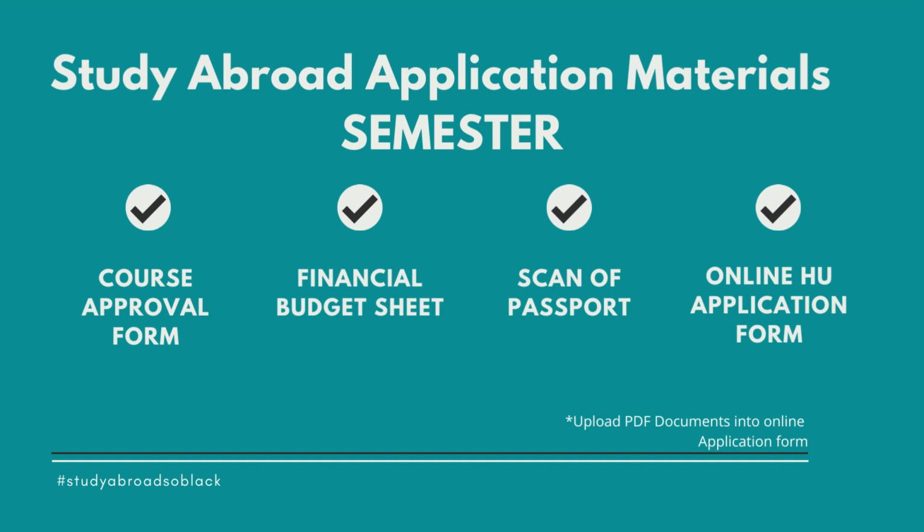Now, if you have your passport out for renewal or application, you can always email that over once you get it in. You are able to submit your Howard application to study abroad without your passport scan. Then your course approval form, financial budget sheet, the scan of your passport, and answering all the questions, of course, uploaded to the Howard application form, would complete your Howard application.